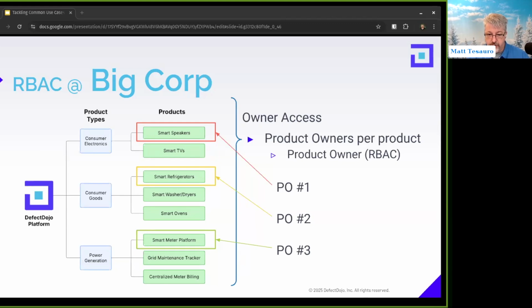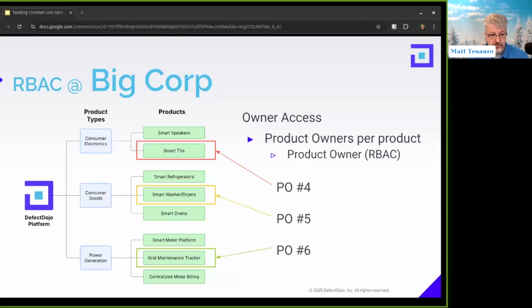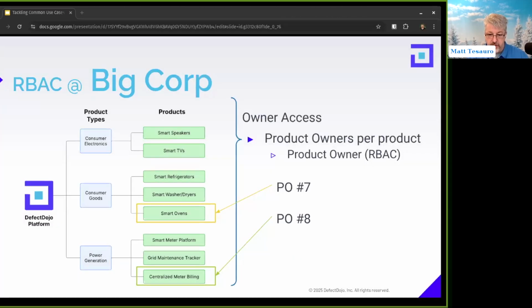Same for product owner 3, smart meter platform. And this continues for the different product owners on the different product lines, all the way down to the 7th and 8th one. So each product owner has a view of DefectDojo that's confined to just their product. Smart ovens can't see how smart TV is doing and can't see how the smart meter platform is doing because of RBAC.